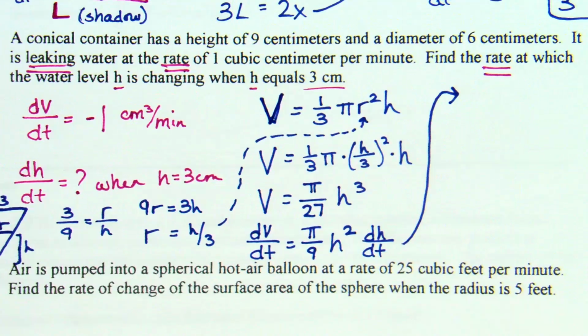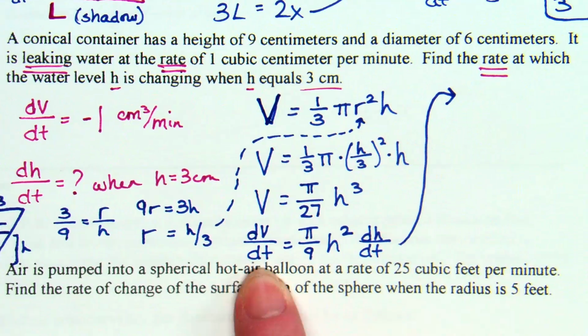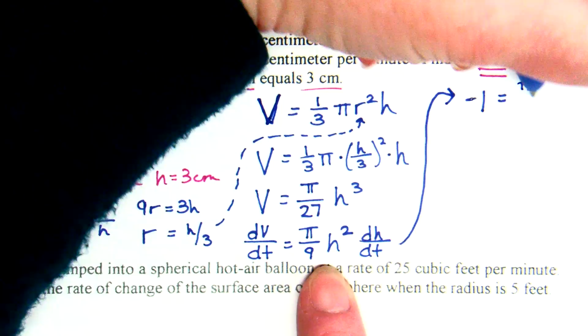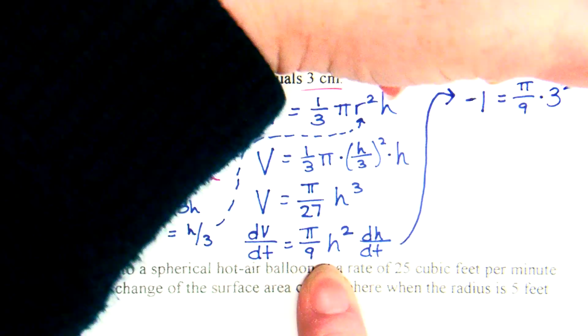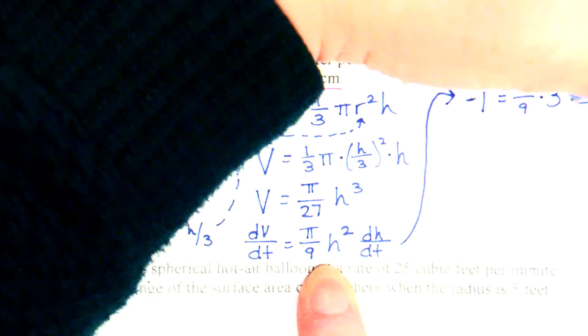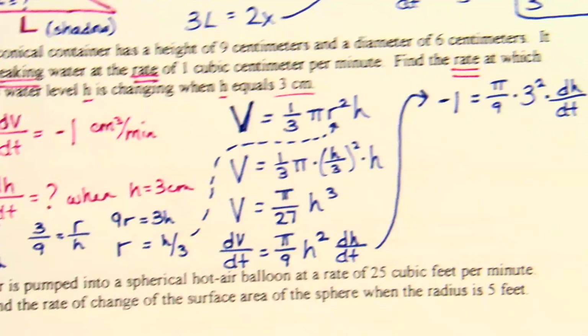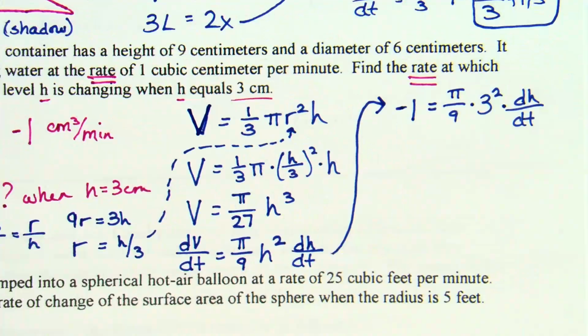What do we know dV/dt is? -1. That was a change in volume. Equals pi over 9. What's h at this point? 3. So 3 squared times the dh/dt we're trying to find. Now, pi over 9 times 3 squared is what?